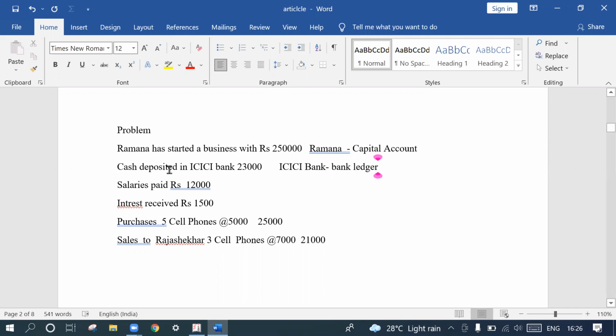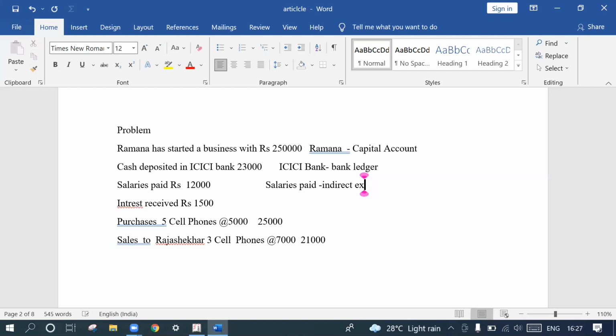Yes. And the third transaction is salaries paid. Is salaries paid direct or indirect expenses?